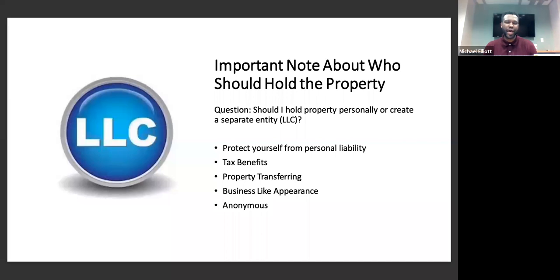And the last thing, it does allow you to remain anonymous as well, which is kind of controversial in the CDC world, where a lot of individuals are using LLCs to buy up properties within the various neighborhoods. But that is a benefit for those who want to stay anonymous when it comes to purchasing property.